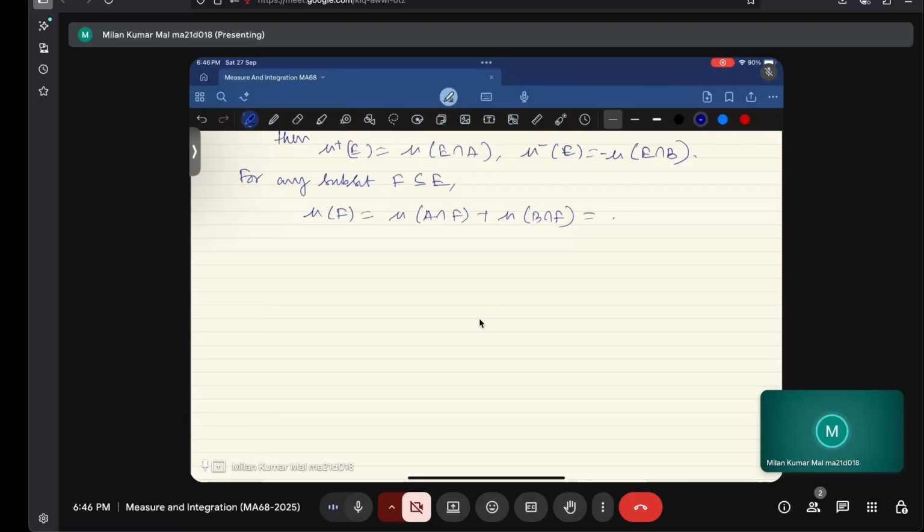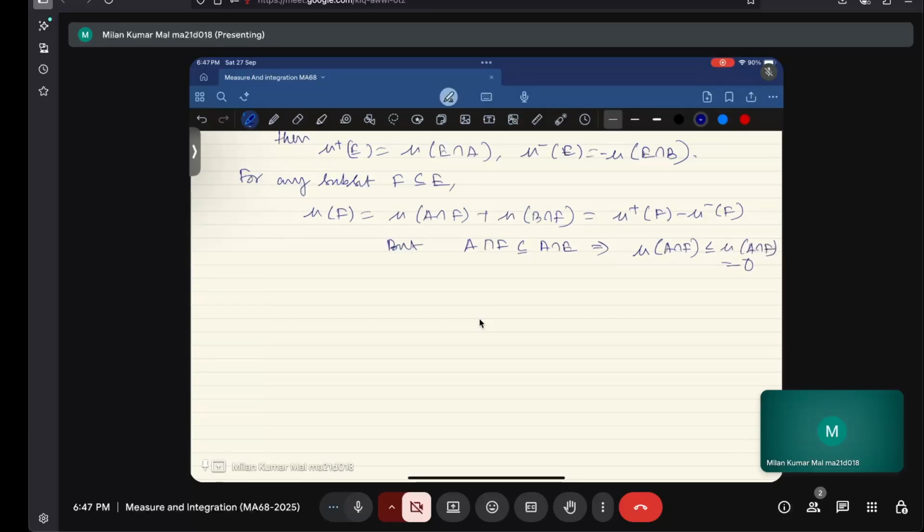So that means this is equal to mu plus F minus mu minus F. This is what it is. Okay, but as A intersection F is a subset of A intersection E, that implies mu of F is less than or equal to mu of A intersection E, which is equal to 0.